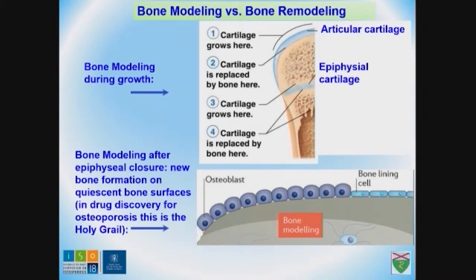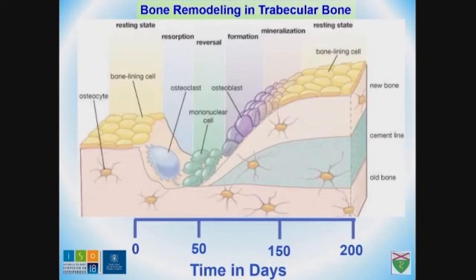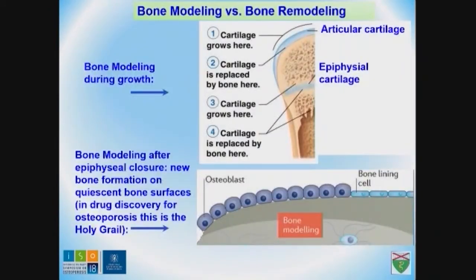And that process occurs most simply for us to understand in bones like in the lower extremity, in your femur, where there are epiphyses where there's cartilage that allows the bone to elongate. And at the growth plate, the bone is growing because the cartilage eventually turns into bone at the more proximal end, and at the more distal end is extending upward. Similarly, at the articular cartilage, this bone is expanding.